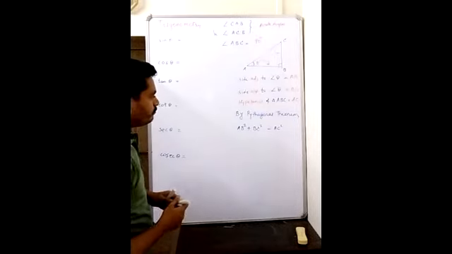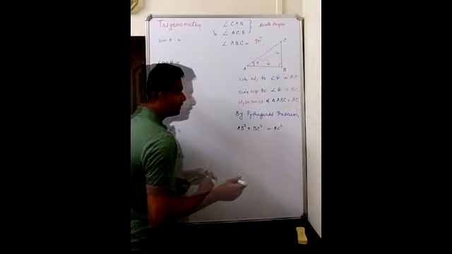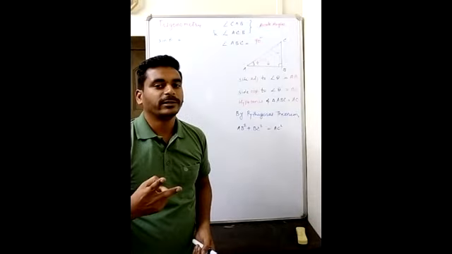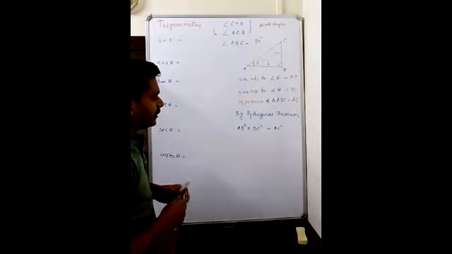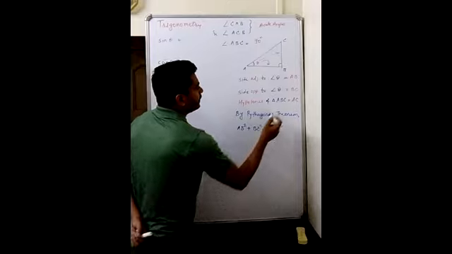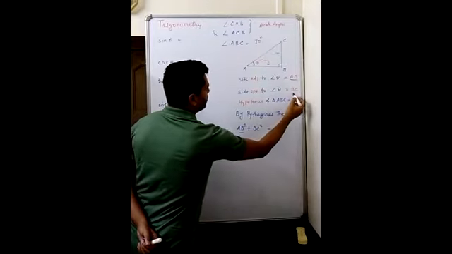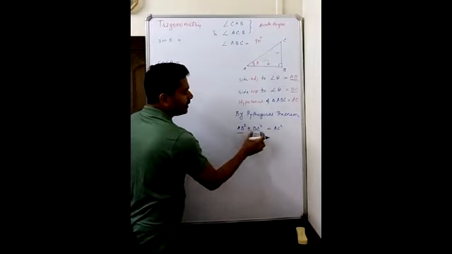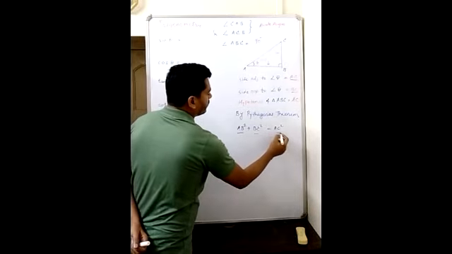Okay. Then we will understand what is the Pythagoras theorem. So the Pythagoras theorem states that the sum of the squares of the two sides of a triangle is equal to the square of the hypotenuse. So according to the statement, the square of the first side, that is AB, so AB square plus the second side of the triangle, that is BC square, the summation of squares of these two sides is equal to AC square.